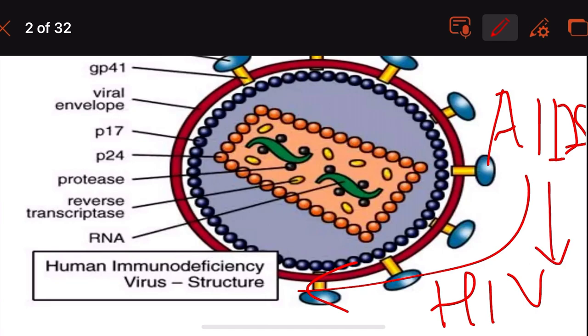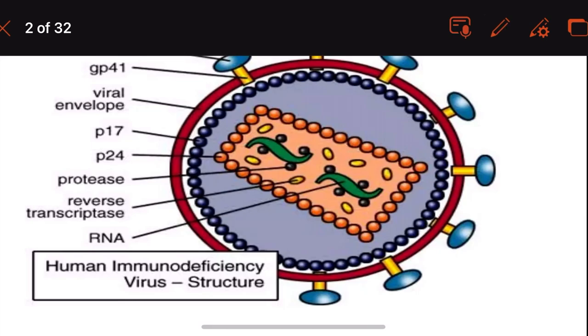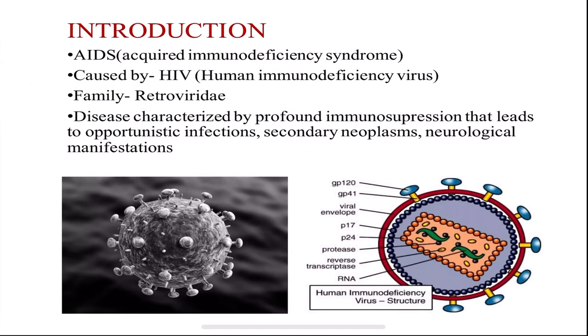AIDS is caused by the HIV virus, human immunodeficiency virus, which belongs to the family Retroviridae. The disease is characterized by profound immunosuppression. It leads to opportunistic infections, secondary neoplasms, and neurological manifestations.